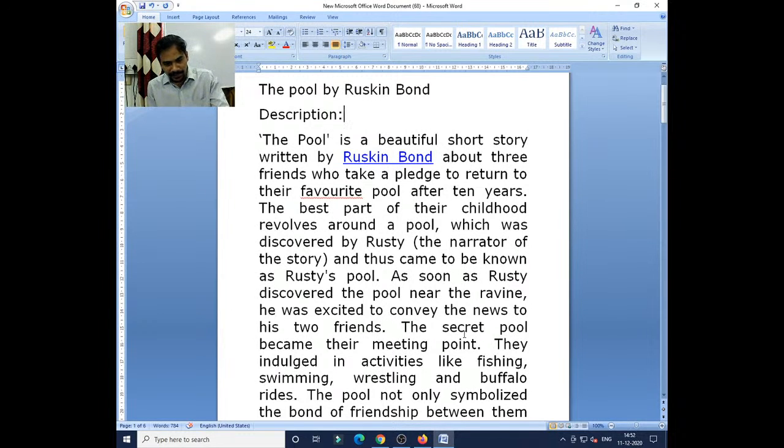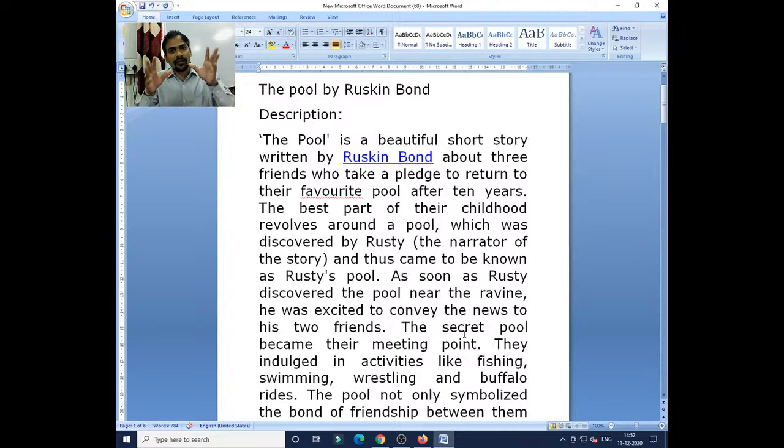Now you see what happened. The best part of their childhood revolves around the pool. When they were small children, especially up to class 9, 10th, they were very good friends, and they used to pass their time enjoying a lot, discovering a pool, swimming over there, riding buffaloes.